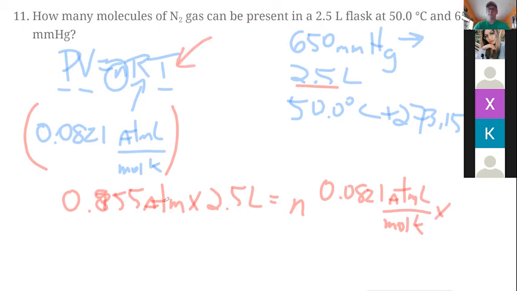So what's our temperature going to be? 323.15. Okay, right. So then to figure this out, we divide both sides by R and T. So then I just move R and T over to the other side.